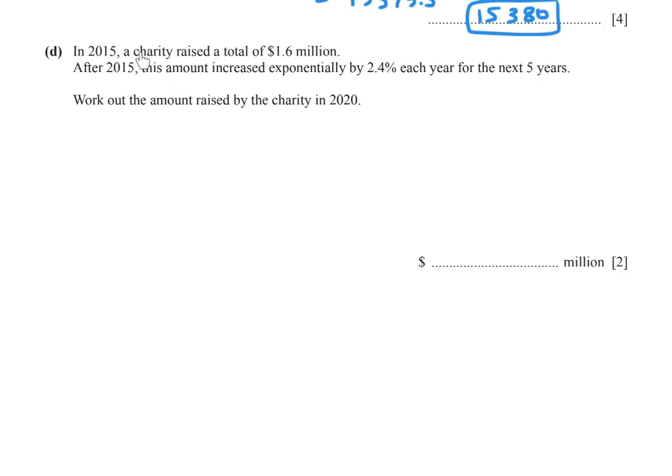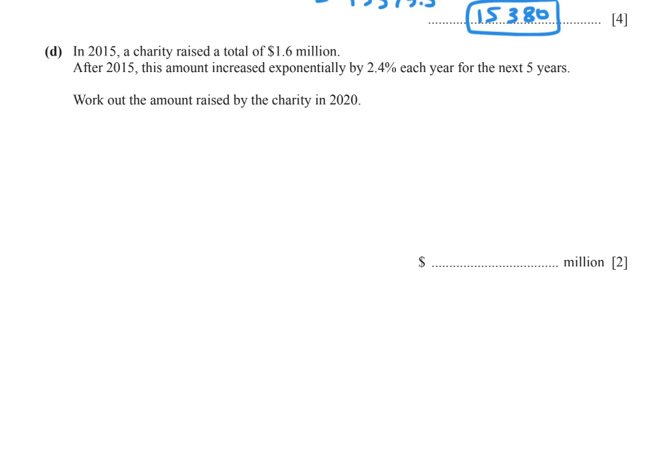D. In 2015, a charity raised a total $1.6 million. After 2015, this amount increased exponentially by 2.4% each year for the next 5 years. Work out the amount raised by the charity in 2020.